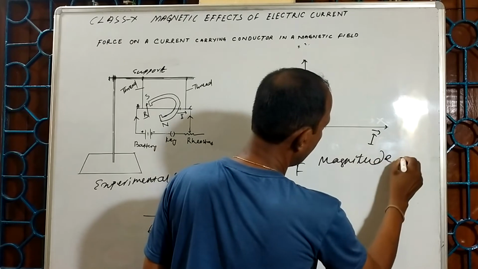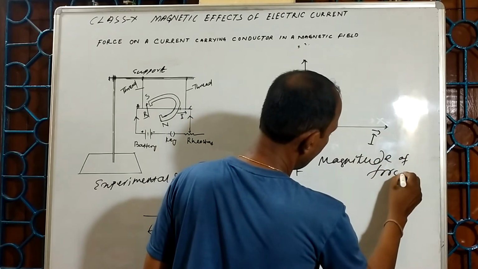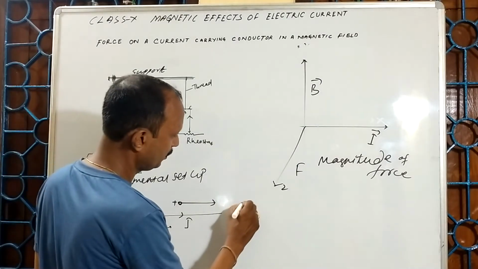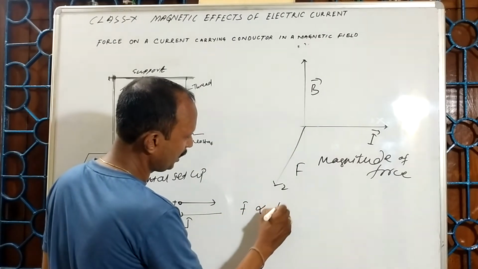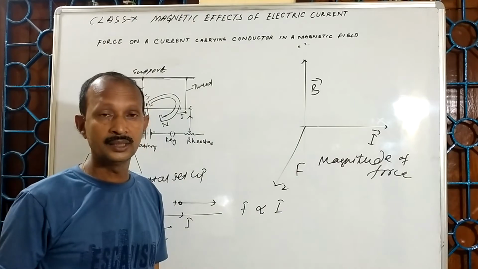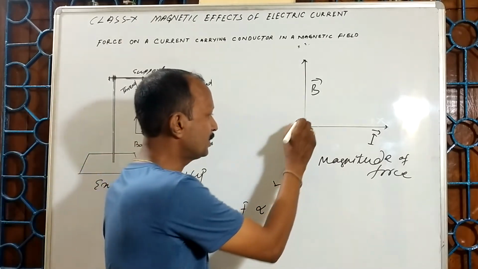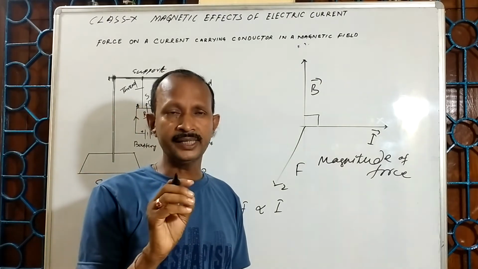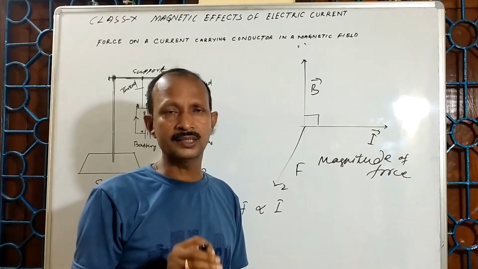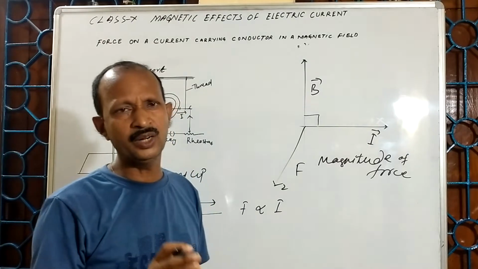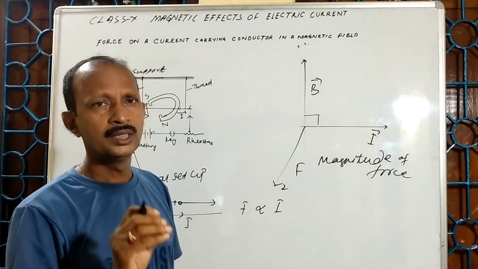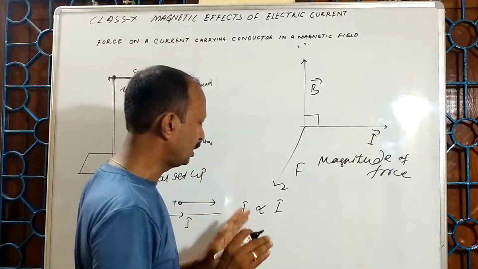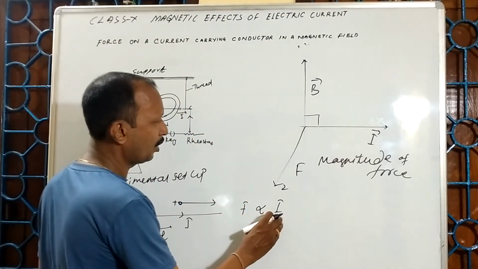Magnitude of force. The force is directly proportional to the current. In which case, if this is 90 degrees, if the current carrying conductor is placed in a direction perpendicular to the direction of the magnetic field, then the force is directly proportional to the strength of the current.